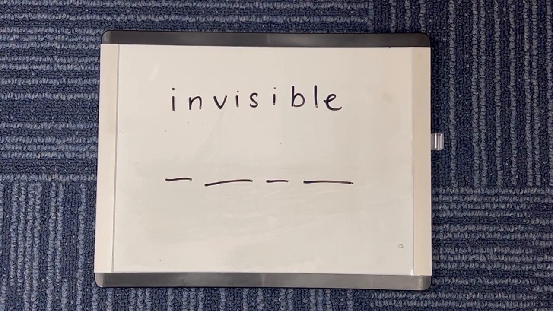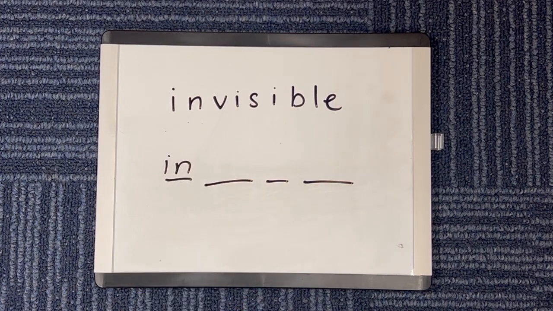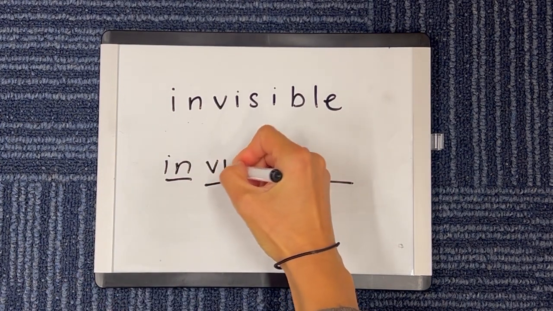In, vis, a, bull. What's the first syllable in invisible, Daniel? In. So looking at the word, how do we spell in? I-N. What's the second syllable, Cara? Vis. How do we spell it? V-I-S.